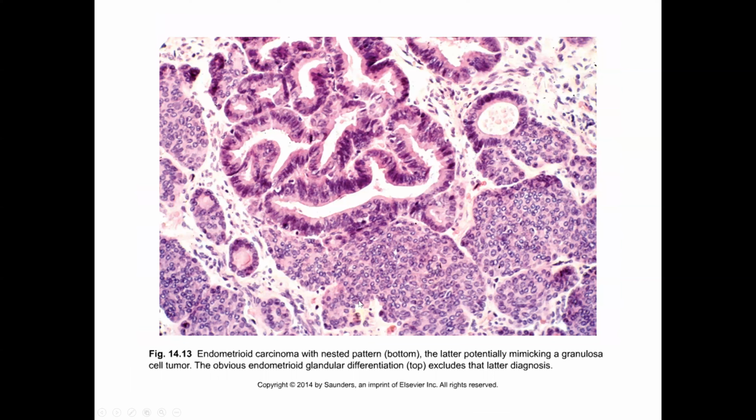Because we can have these very poorly differentiated squamoid areas or solid areas, you may have other considerations, again mimicking a granulosa cell tumor. And since granulosa cell tumor can have mucinous or mixed components, making the distinction and clarifying that is an important differential diagnosis to clear up.